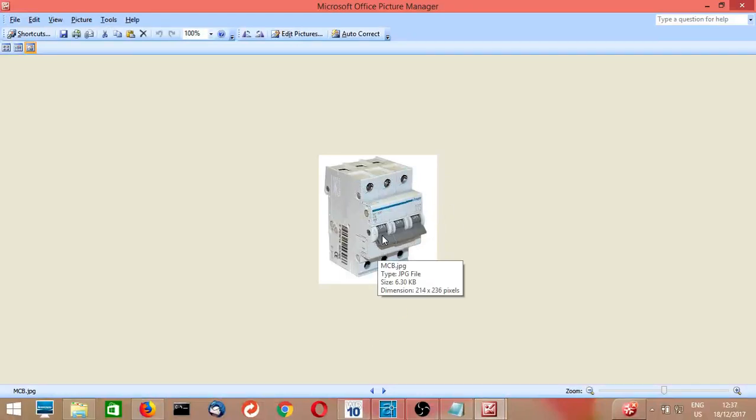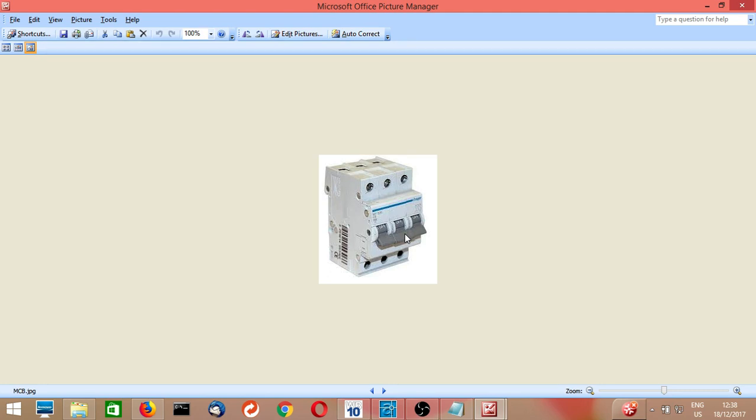This is also a three-phase MCB. It has three poles here. We can give the incoming three-phase supply to this device, and from the output of this device it will go to the other part of the circuit, and we can switch this device off and on, so that our DOL starter will be isolated, or it will be connected to the circuit.